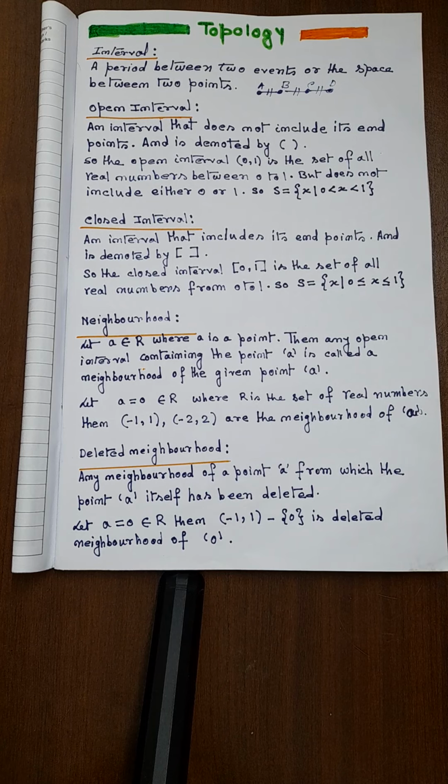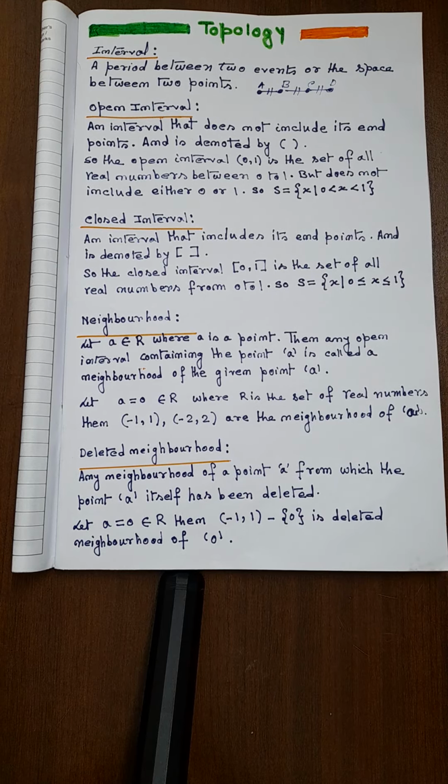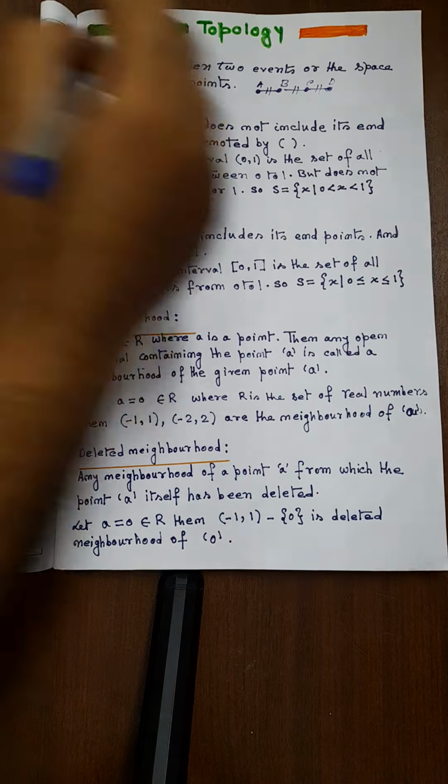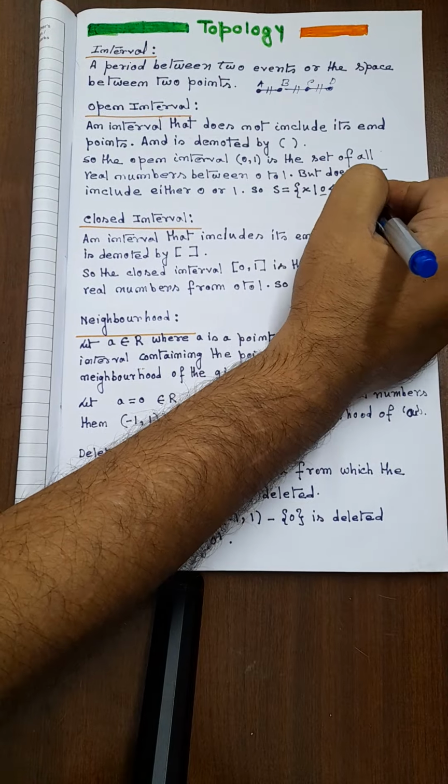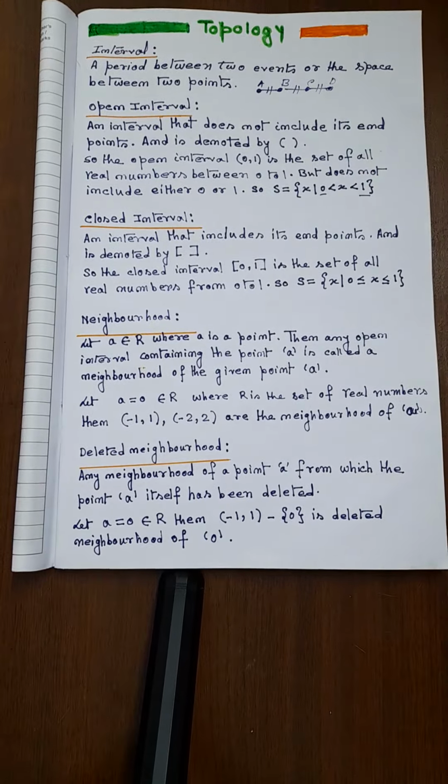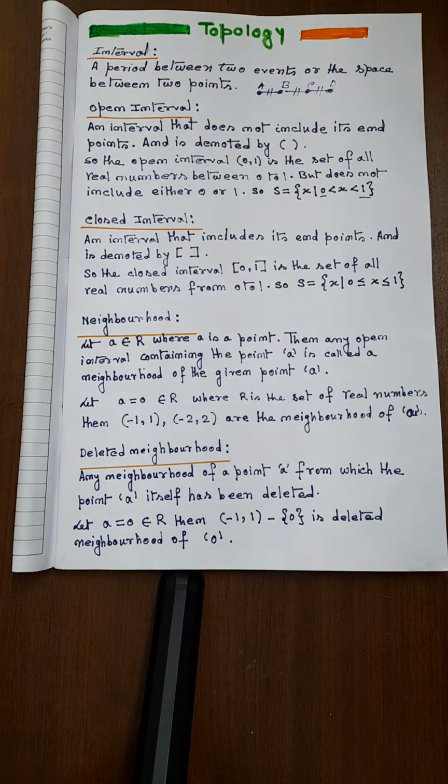In set builder form we can write {x such that x greater than 0 but less than 1}. If we say x greater than 0 but less than 1, that means 0 and 1 are not included in the open interval.